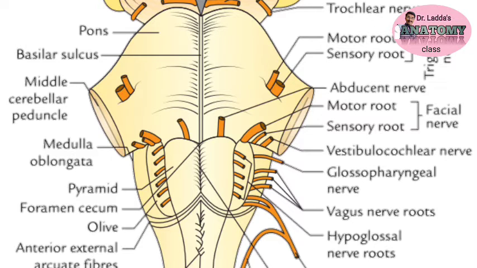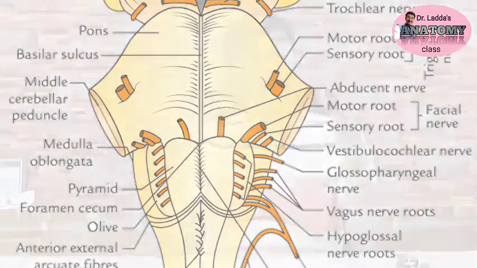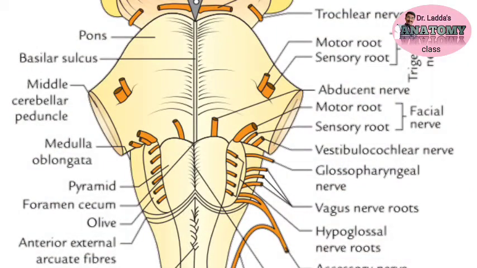That is the trigeminal nerve. Now the remaining: 6th is abducent, 7th is facial and 8th is vestibulocochlear.